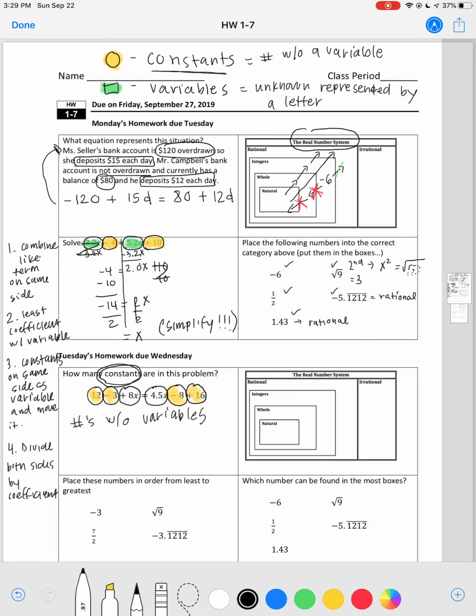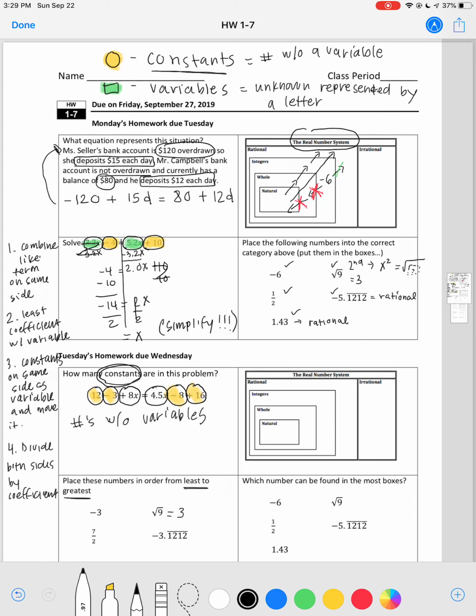Alright, so here, place these numbers in order from least to greatest. So we're going to go from smallest to largest, and once again I like to make sure I simplify everything so that I know that I am working with my simplest numbers.